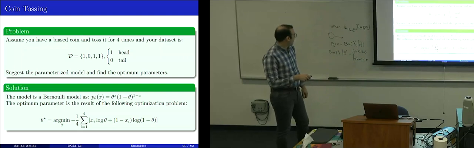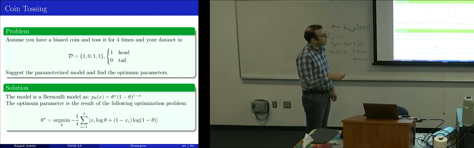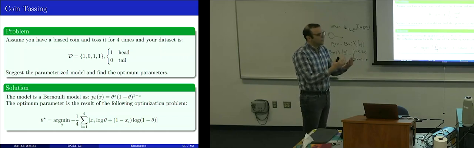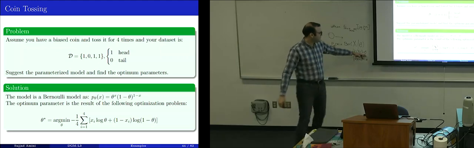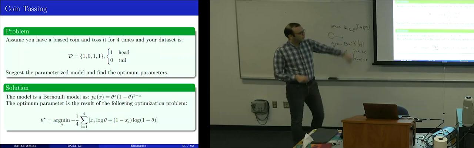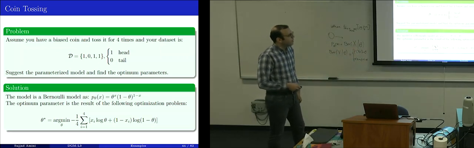When x equals 1, this parameter is active, because theta to the power of 1 is theta, and the other term, 1 minus theta to the power of 0, equals 1. 1 times theta means theta. This is this term, and the other one is this term. So this is just a compact formulation of the things you have seen before.